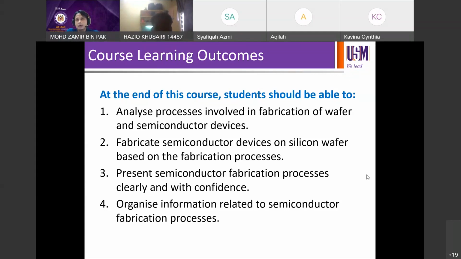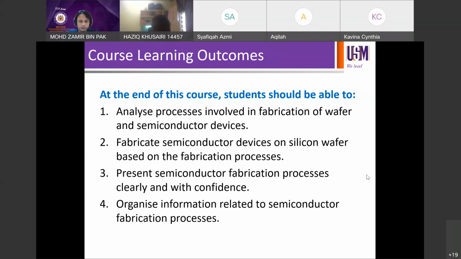But it's actually a plan in the course where students need to spend about 3 weeks or so to do the fabrication in the lab, and then measure and characterize your samples to get some results, and then present the results in the form of group presentation. So we're going to see what is the progress for your batch, but one of the expected outcomes is the ability to do some hands-on fabrication.